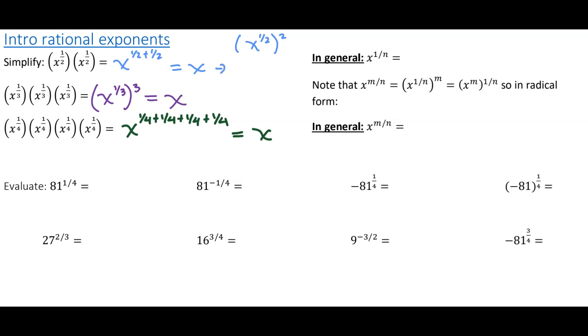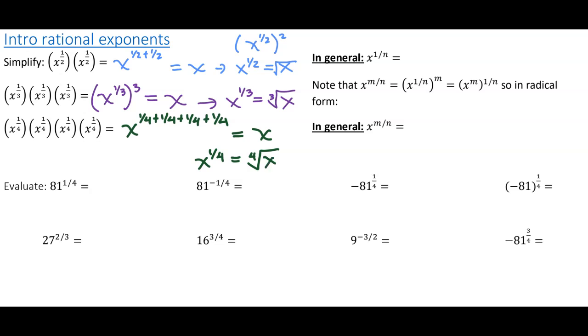So right here, x to the 1/2 has to be the same as the square root of x. And the number that I cube to get x has to be the cube root of x. And the number that I raise to the 4th power and get x has to be the 4th root of x.